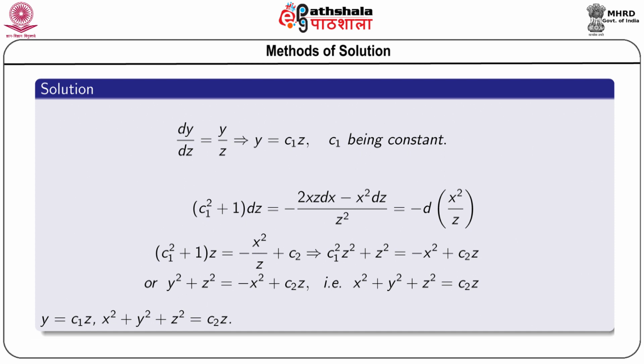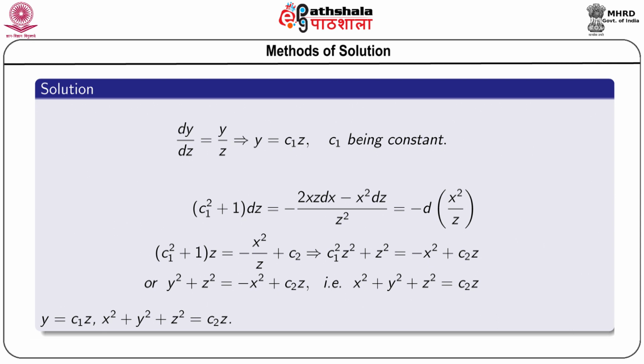Now, the first and third equation will give an equation which is solvable, and integrating this equation we will get another integral, which is written here: x square plus y square plus z square equals c2 z. Therefore, there are two integrals of the given equation, one is y equals c1 z and the other is x square plus y square plus z square equals c2 z. In this way we can solve the simultaneous equation using method 3.